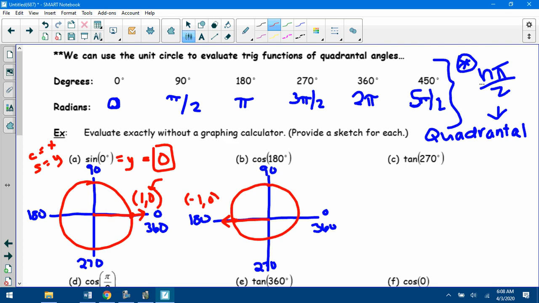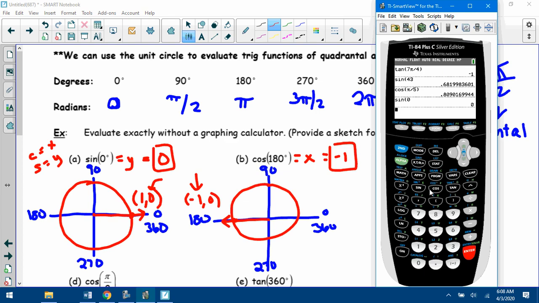It's going left, so just think of a regular grid. I'm going -1 over, up 0: -1, 0. Cosine is x or y? X. So I want the x coordinate, and my answer is -1. The cosine of 180 is -1. Really easy to check.